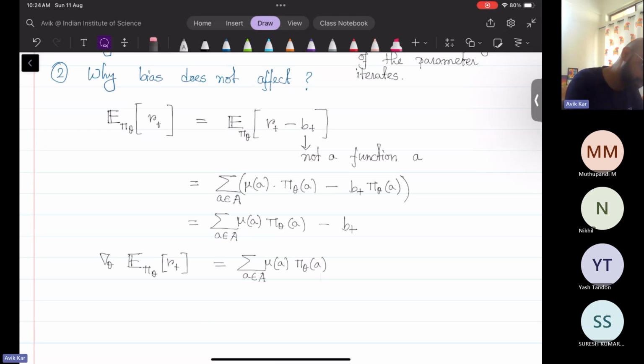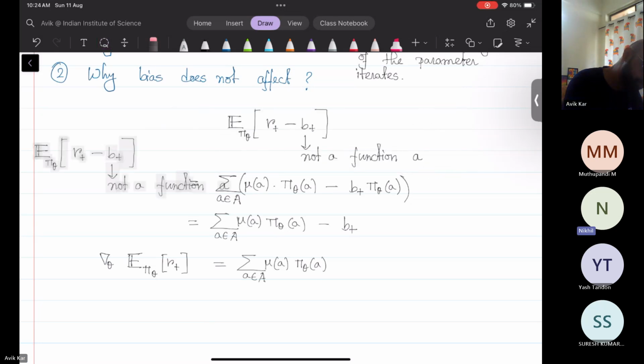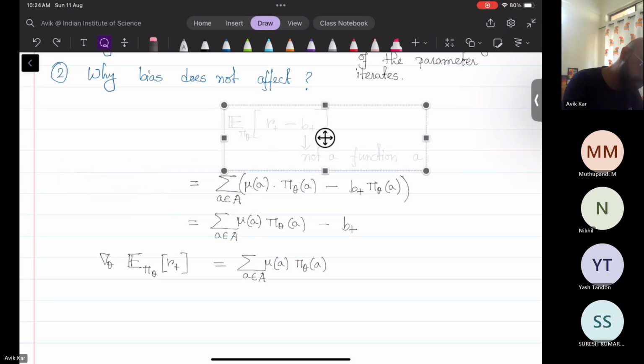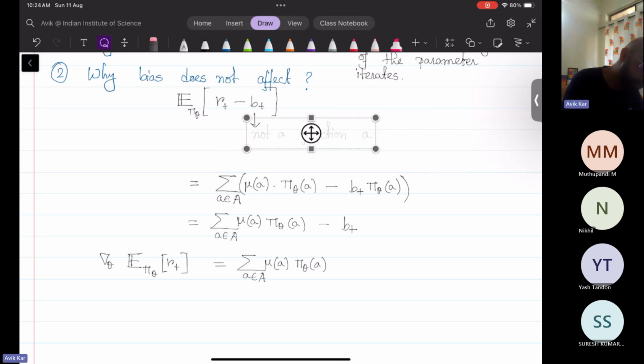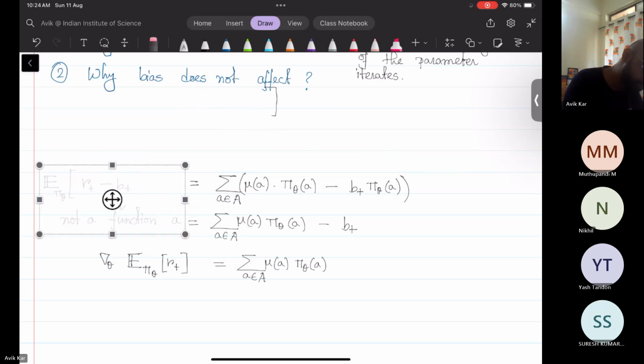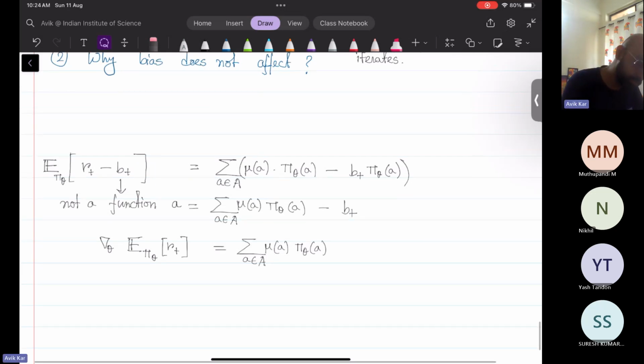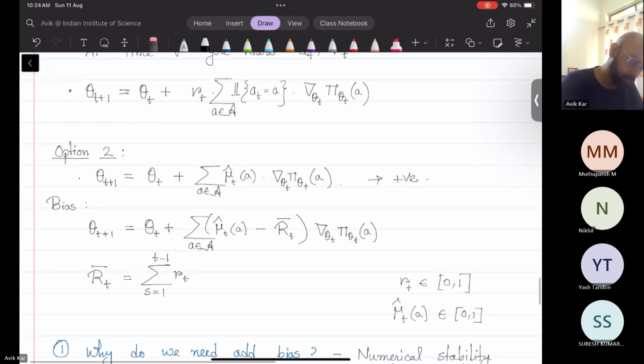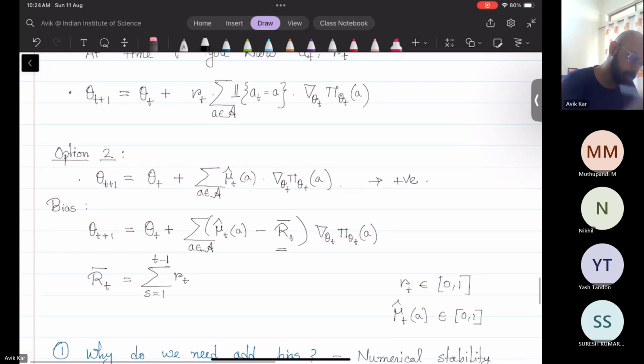Sorry, I think this I should not write. But in the update equation, that BT is outside the gradient term.